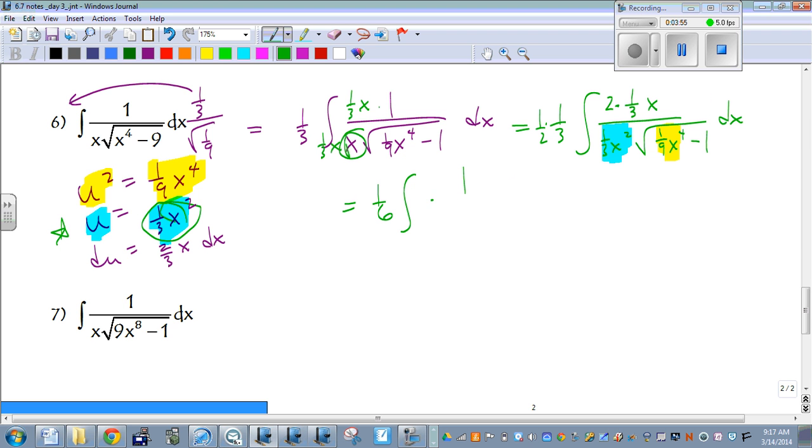So 1 over u times the square root of u squared minus 1 du. So we successfully made that inside the integral a derivative of inverse secant. So that means the antiderivative of this is inverse secant of u. So our u was 1/3 x squared.